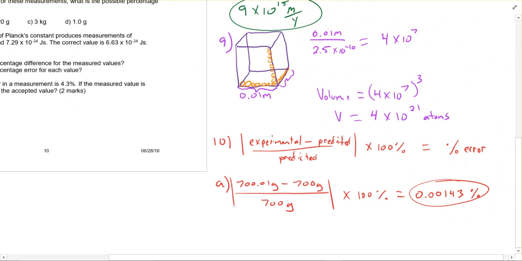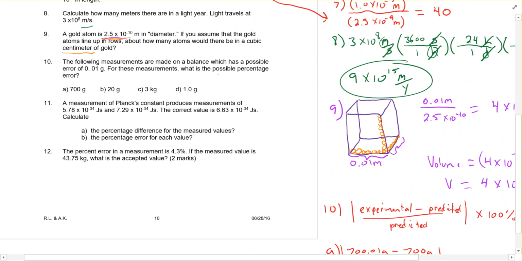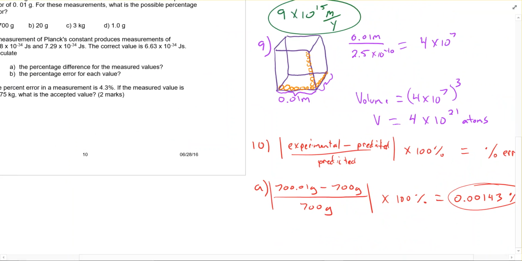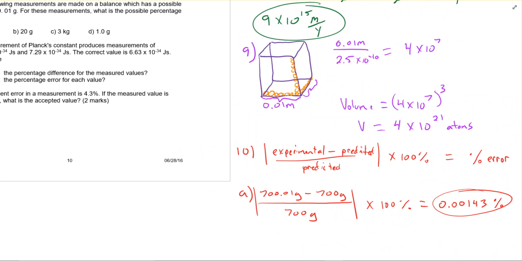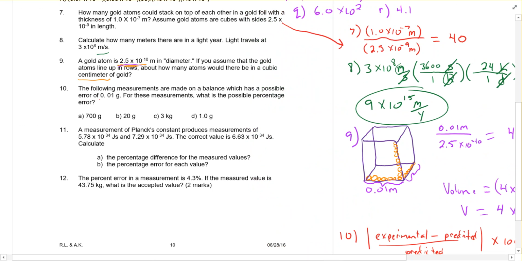For number 10, the following measurements are made on the balance, which has a possible error of 0.01 grams for these measurements. Remember our formula for percent error is experimental minus predicted, divided by predicted, times 100. The only thing to know here is that my experimental value would be 700.01, because that's what my possible error might be.